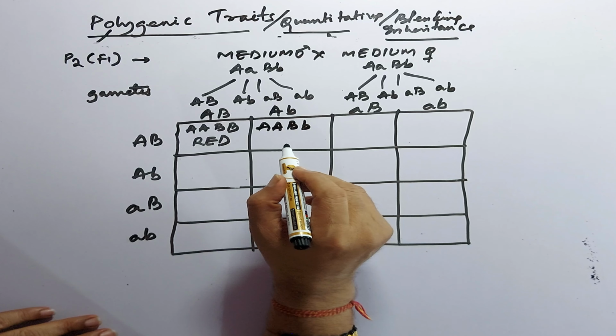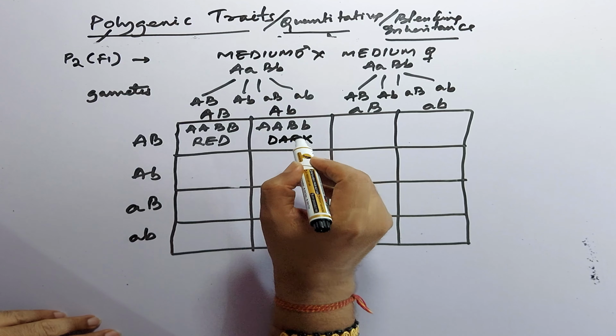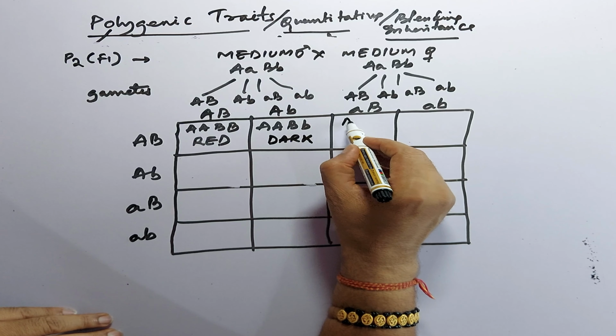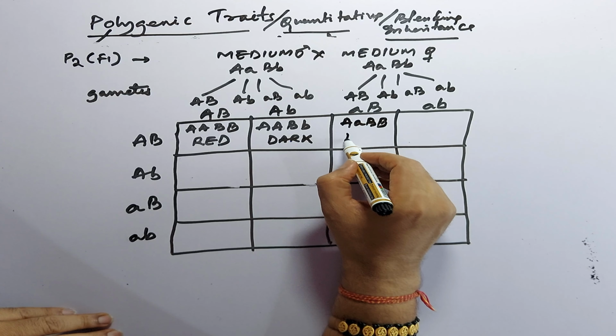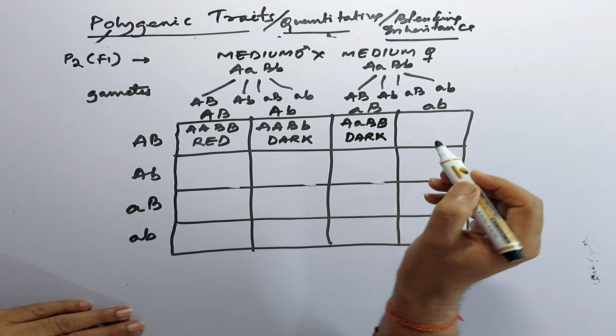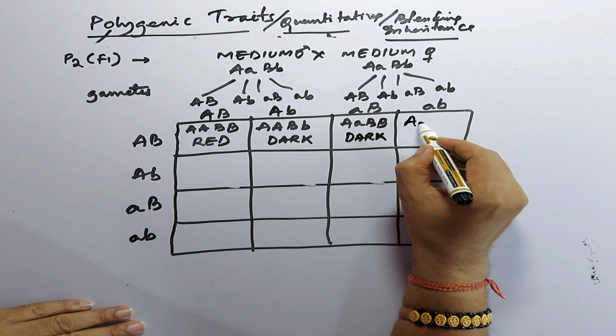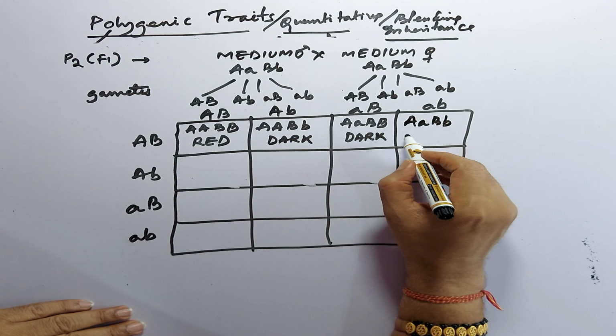So here this is 75%, so this is dark. Here this is capital A, small a, capital B, capital B. This is also dark red color. And this is capital A, small a, capital B, small b. So this is medium.